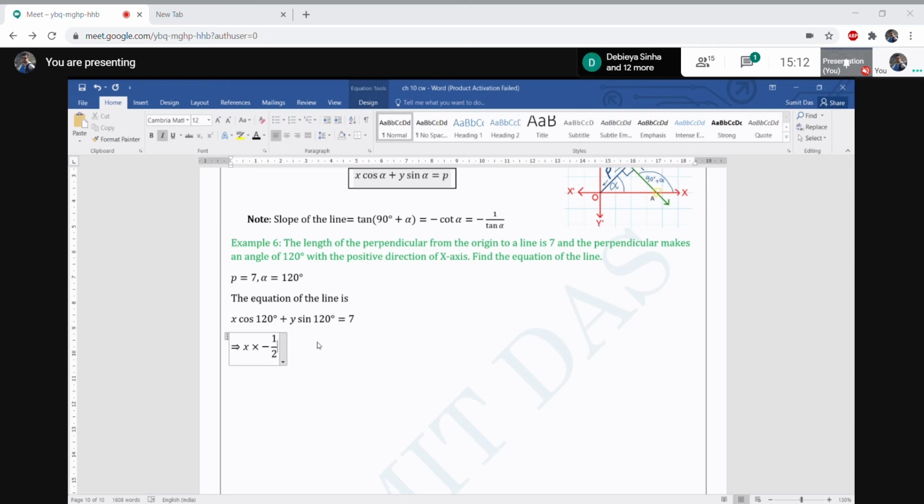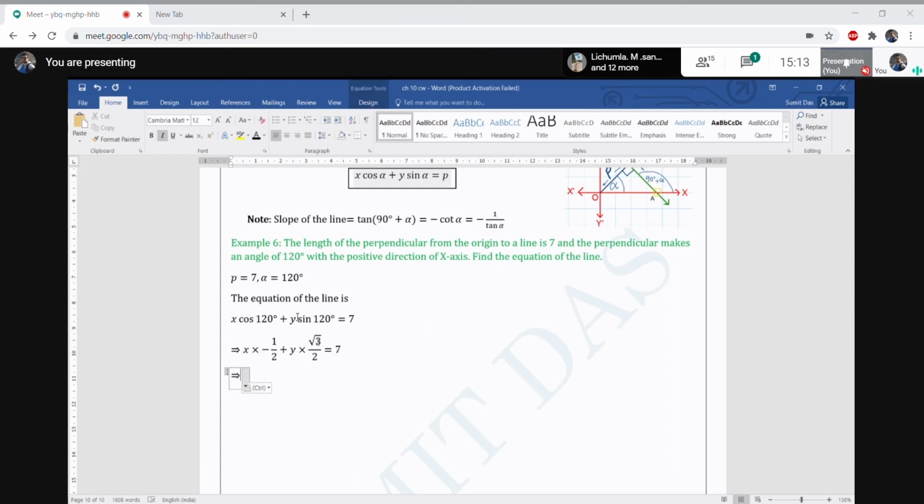Then plus y into sin 120. Sin 120 value is root 3 by 2, square root of 3 divided by 2. Sine is positive in the second quadrant.